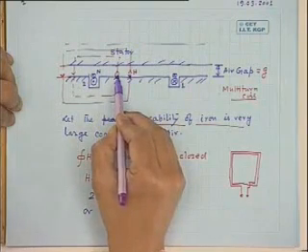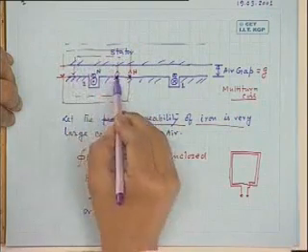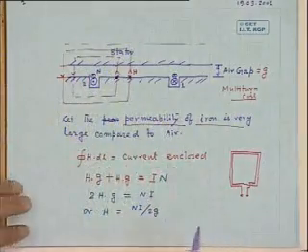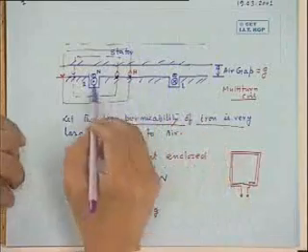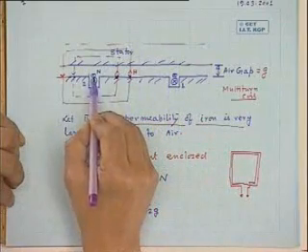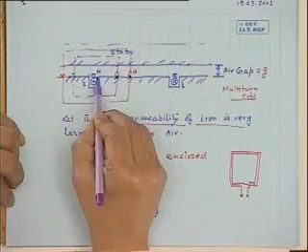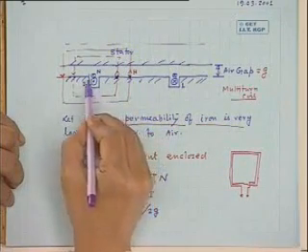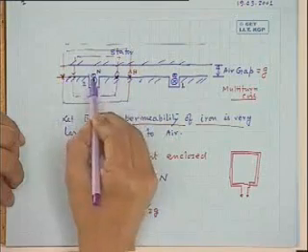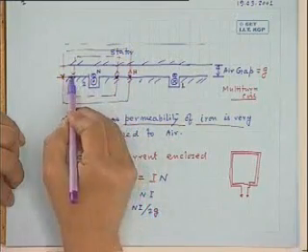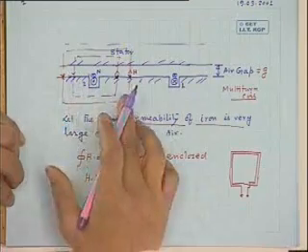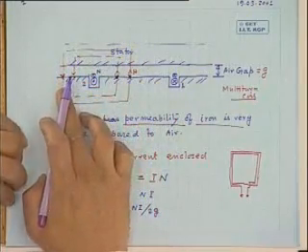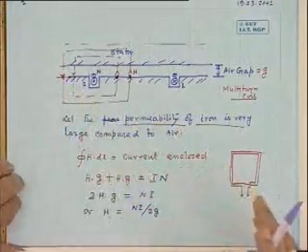I want to know what this value will be at this point. It will once again be the same at this point and at this point. However, one should note that with respect to this conductor 2, at a certain distance, the value of H will be the same as at this point, symmetrically placed with respect to conductor 2 here. But their directions are opposite. If you assign this to be positive, this should be negatively directed.